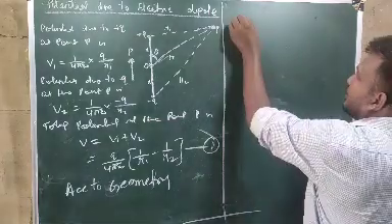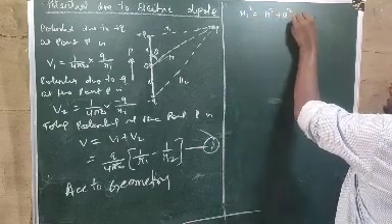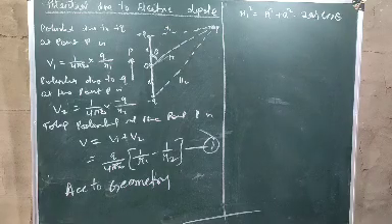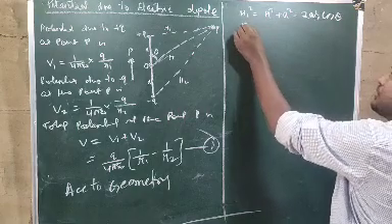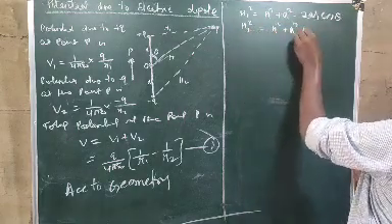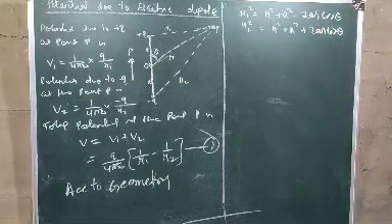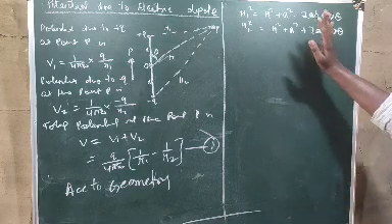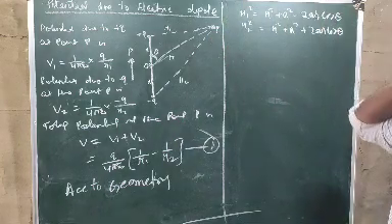R1 square is equal to R square plus A square minus twice AR cos theta, and R2 square will be equal to R square plus A square plus twice AR cos theta. This you have to remember; it is from the geometry you have studied in earlier classes.